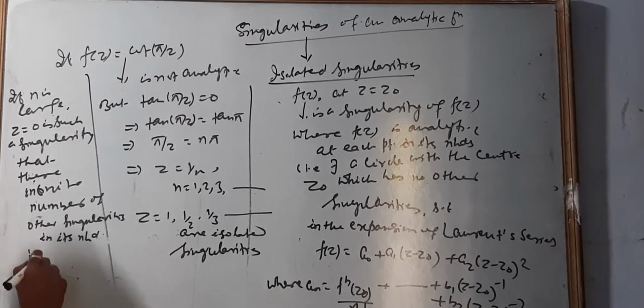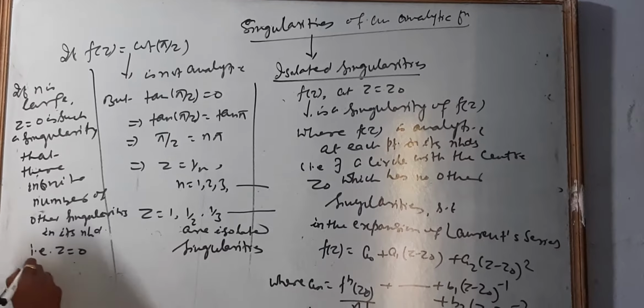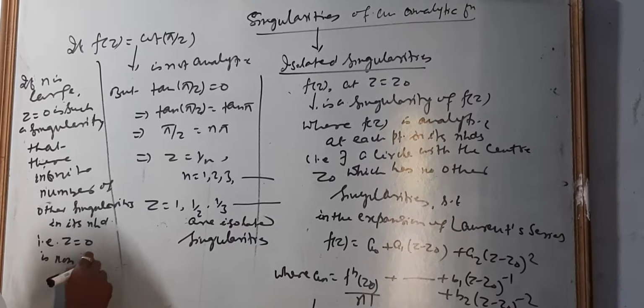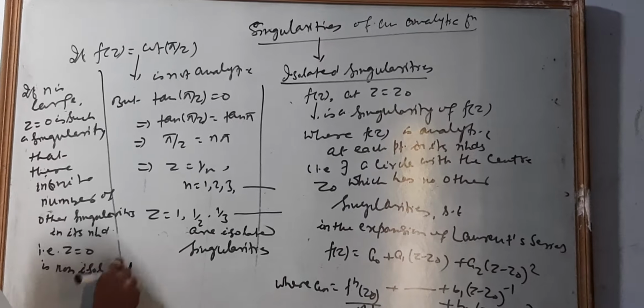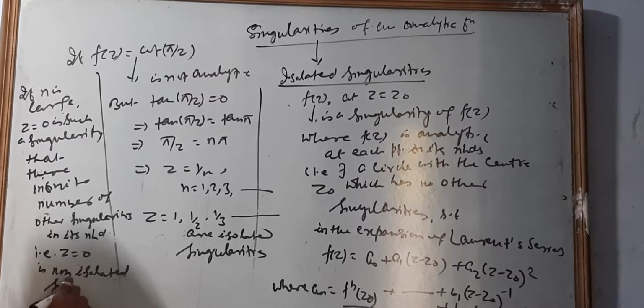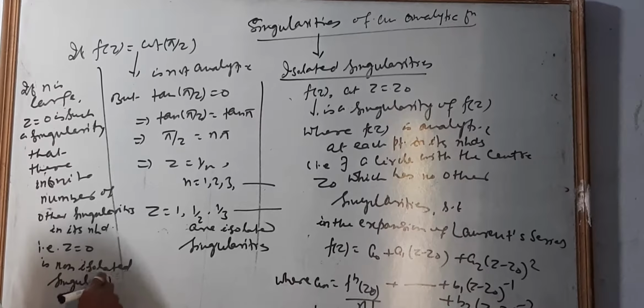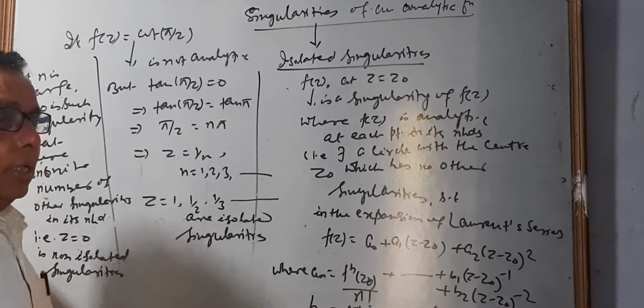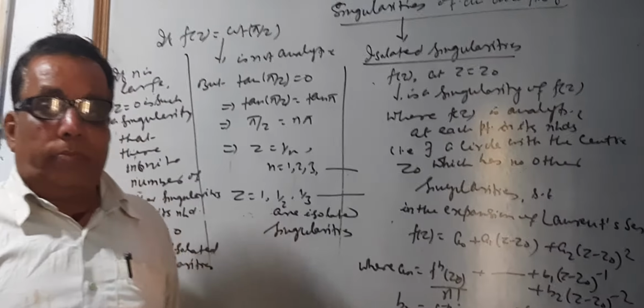That means z equal to 0 is a non-isolated singularity. Now the second part is removable singularity.